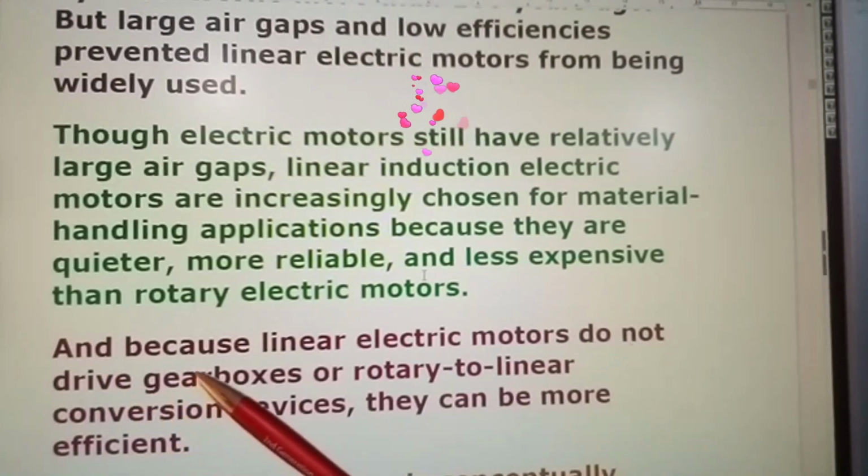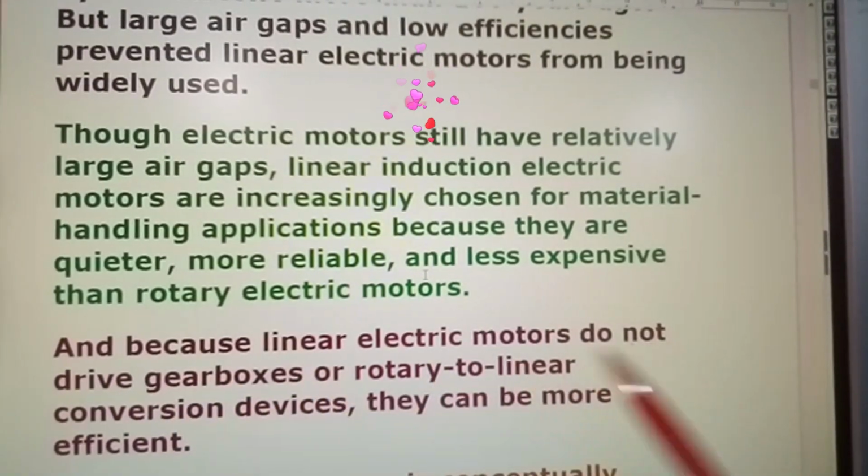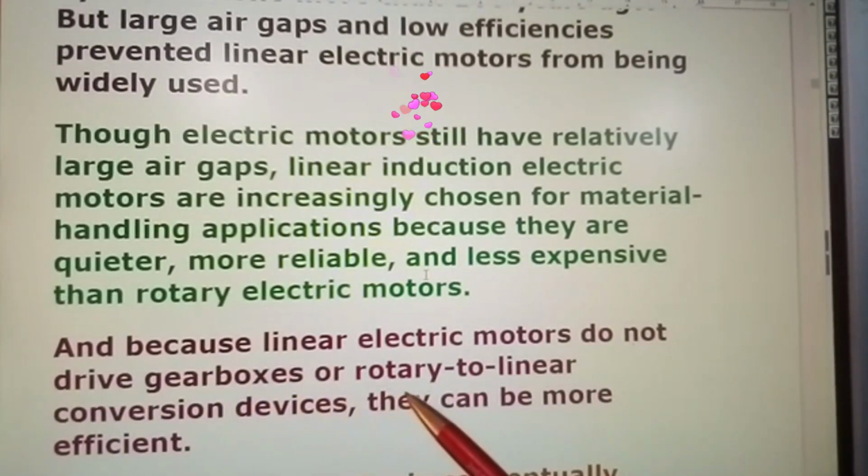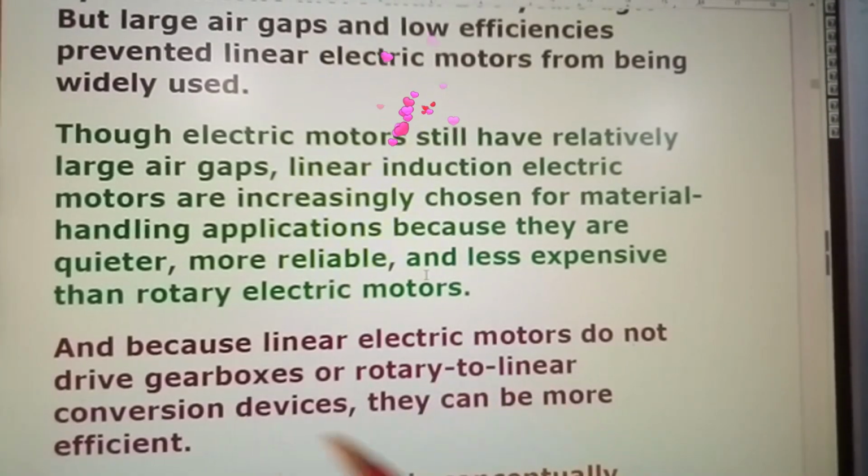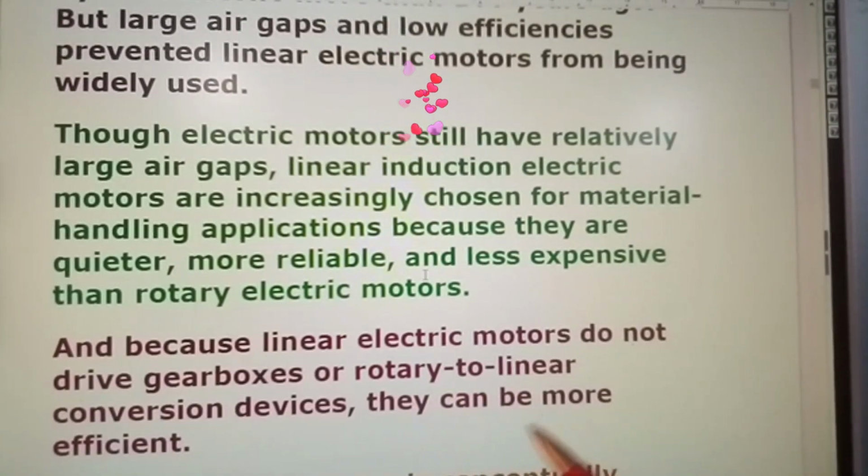And because linear electric motors do not drive gearboxes or rotary to linear conversion devices, they can be more efficient.